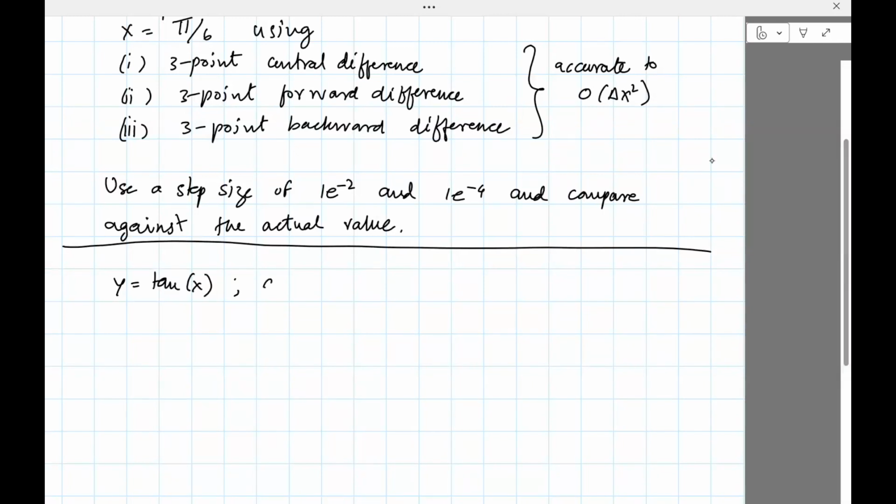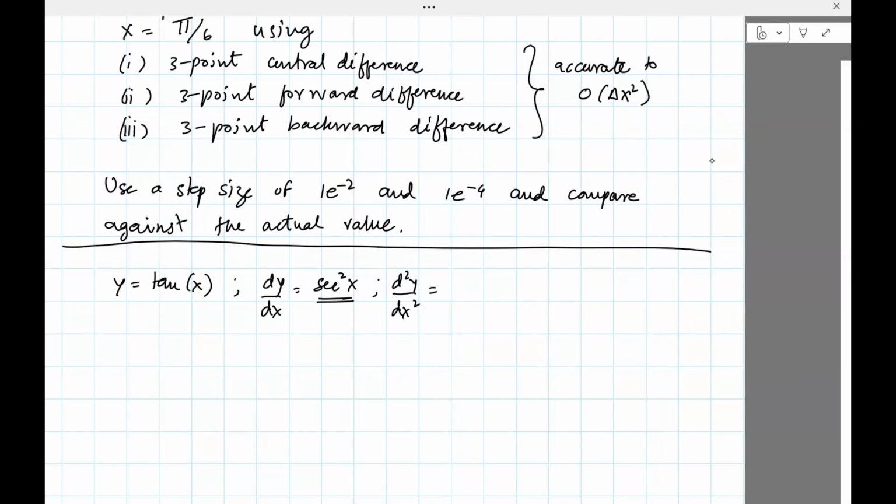Y is tan of x, dy by dx is secant square x, and then d square y by dx square. In order to do this, you can use the chain rule, or if you know the derivative of secant square x, well, let me use the chain rule. So for the chain rule, I first find the derivative of secant square x.